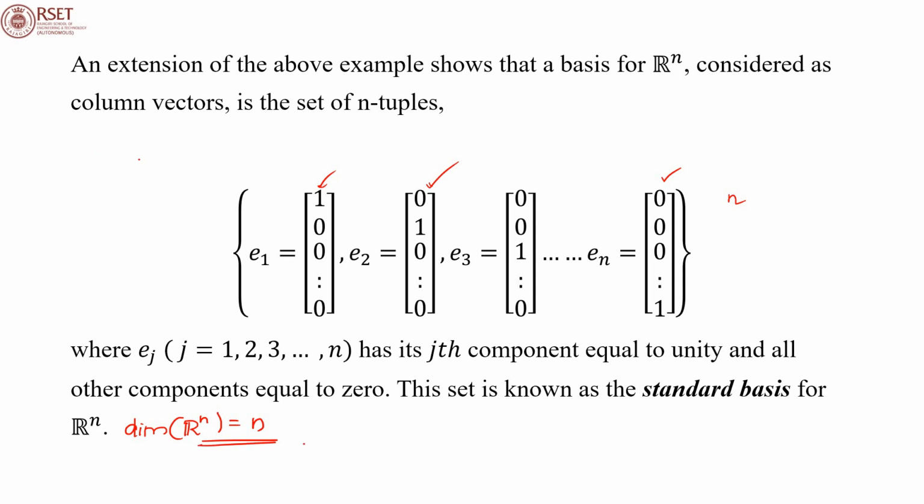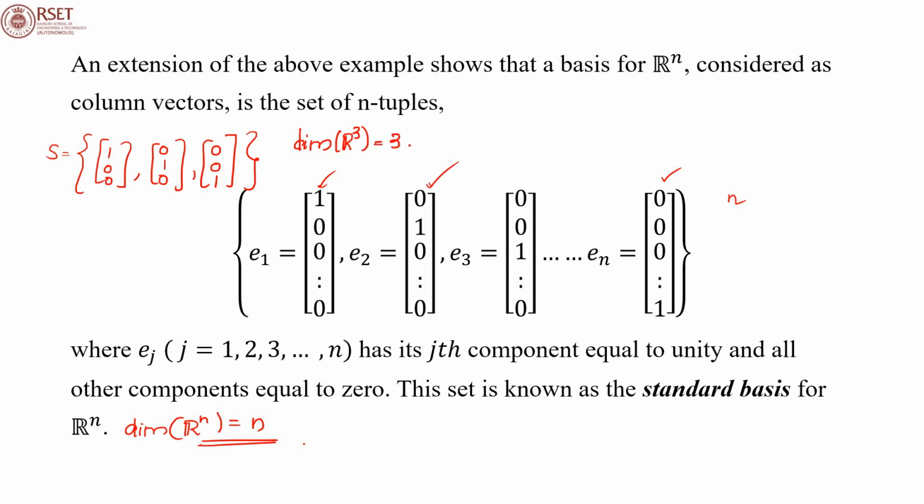Now, what is the dimension of R3 then? The dimension of R3 will be 3, and the standard basis for R3 will be S = {(1, 0, 0), (0, 1, 0), (0, 0, 1)}. So this is the standard basis for R3, and we can say that the dimension of R3 is 3. In general, the dimension of Rn is n.